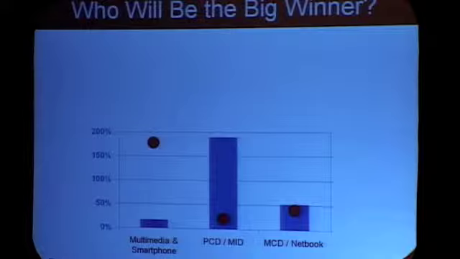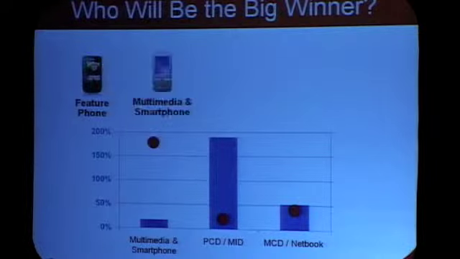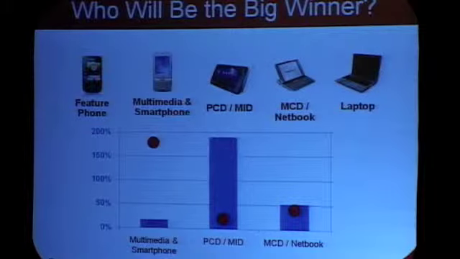So that takes us to the next step. In order to be a mobile device and look at YouTube and browse the web, you need cellular connectivity. So the build is a little off on this one. So who will be the big winner? If you look at these devices today that are connected via the cellular network, you can start on the left with the feature phone, and you can grow up to the multimedia and smartphone.